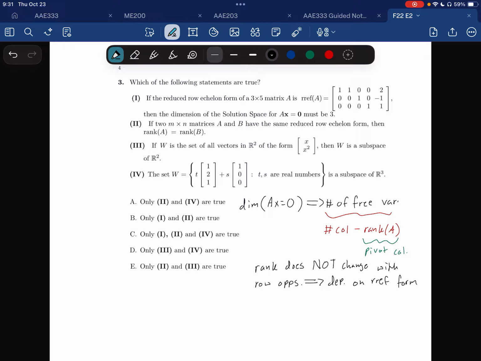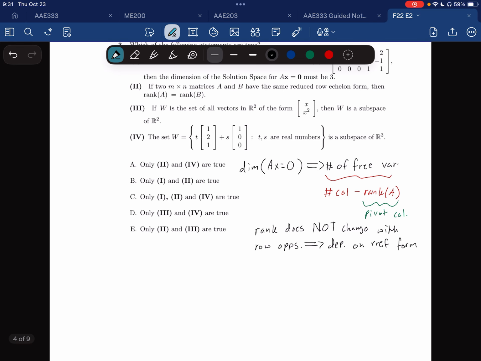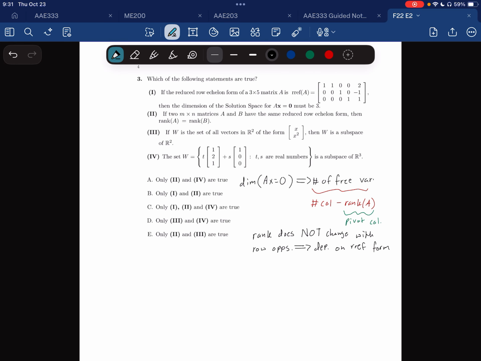And option 3 is talking about W being the set of all vectors in R2 of the form x and x squared, then W is a subspace of R squared. What you have to know is when a set is a subspace. So let's talk about subspaces. What does it need to contain?